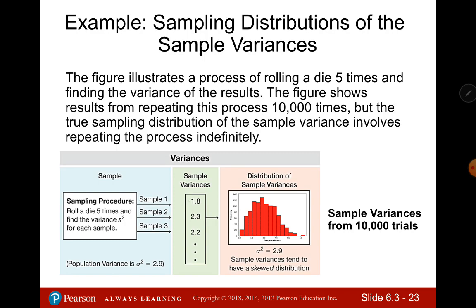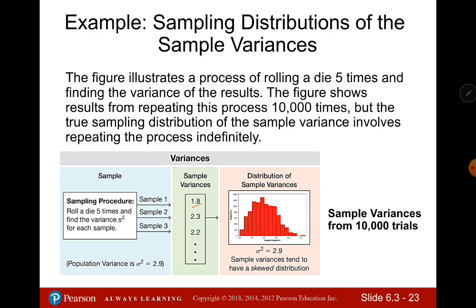So this time we have the first 5 numbers. Then we use these first 5 numbers to get the first variance. And I do the same thing for 10,000 samples. Each sample we got 1 variance, S squared, right?